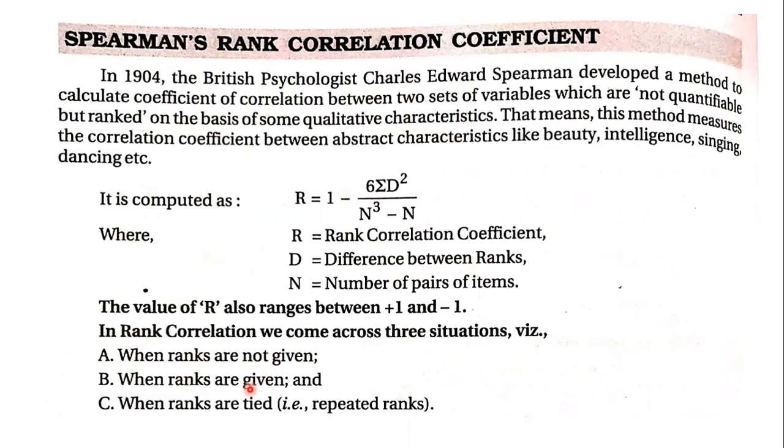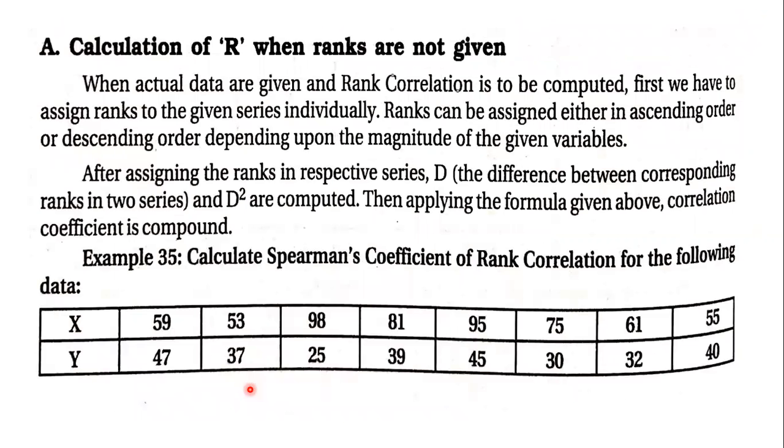In that case, they only give the ranks in the question, and we just have to find the correlation coefficient. In the third scenario, the ranks may be tied up. So 2 or 3 of them can have the same rank, and how are we supposed to solve those repeated ranks? So we started with the first type, that is, calculation of R when the ranks are not given.